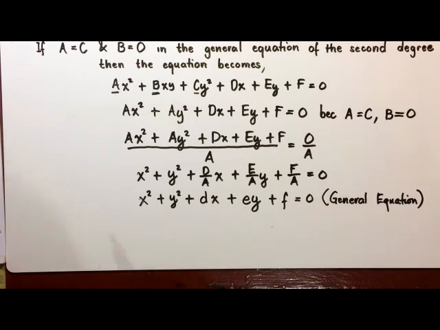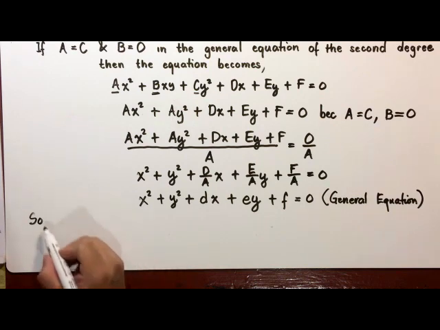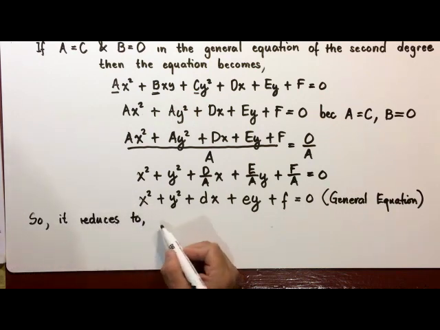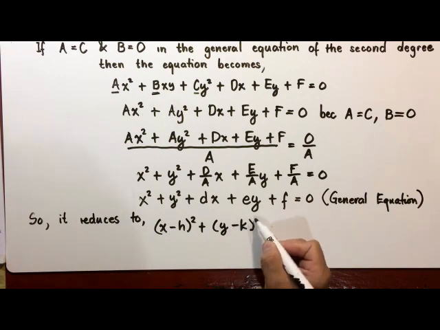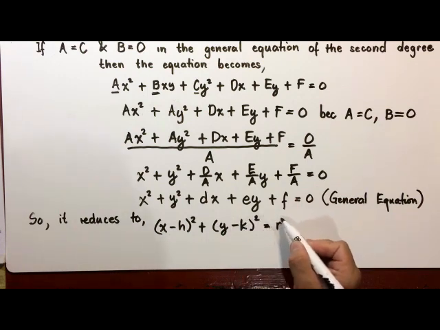However, if you wish to transform it to its standard equation of the circle, this equation reduces. If you manipulate that one algebraically, in which case I will not do it here, however, I do it in my university class, this can be reduced to a form x minus h quantity squared plus y minus k, some constant k, is equal to r squared.